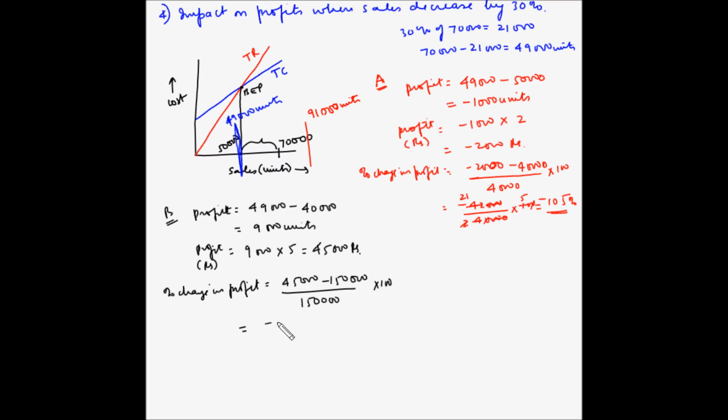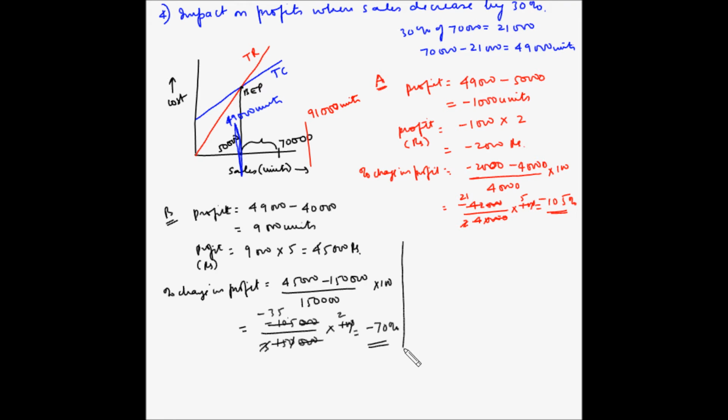So this becomes minus 105,000 divided by 150,000 multiplied by 100. Zeros get cancelled, and this 0 gets cancelled with this 0. 5 2s are 10, 5 3s are 15, 3 3s are 9, 1 carryover, 3 5s are 15. So this is minus 70%. So the decrease in profit is by 70%.